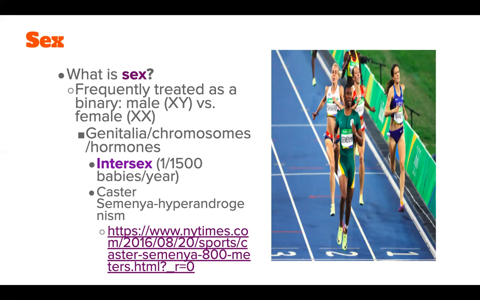And a good way to remember this in terms of statistical comparisons is there are roughly the same proportion of people who are intersex as the proportion of people in the world who are natural redheads. So, a good way to think about it statistically is if you know a natural redhead or two in your life, then you probably know someone who is intersex.